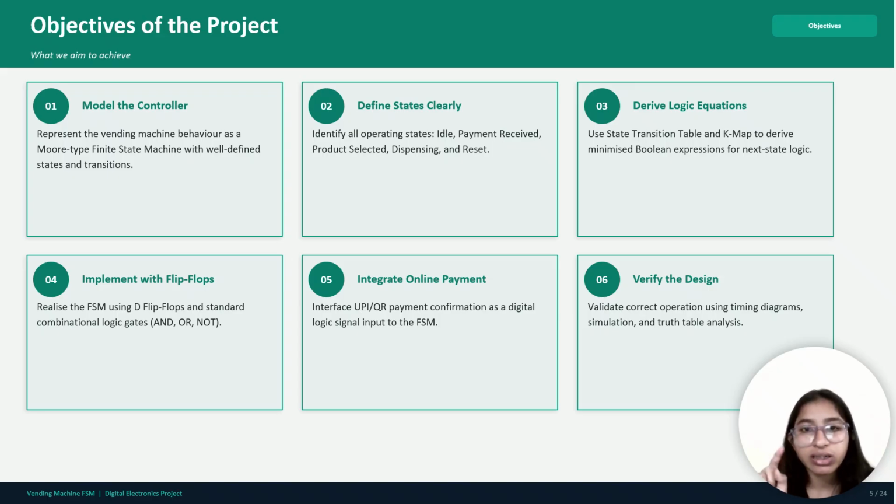Fourth, to implement the circuit using D flip-flops and standard logic gate ICs. Fifth, to integrate online payment confirmation as a digital logic input to the FSM. And sixth, to verify the complete design using a timing diagram and simulation. Each of these objectives corresponds to a specific section of this presentation, and together they form a complete design methodology.